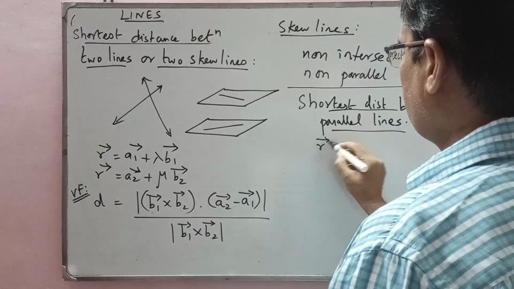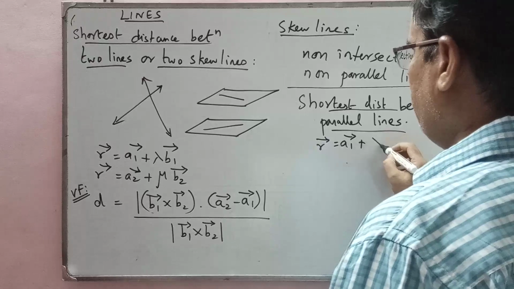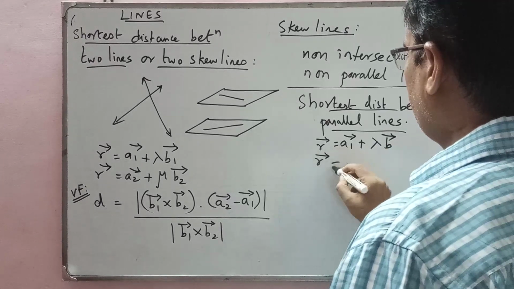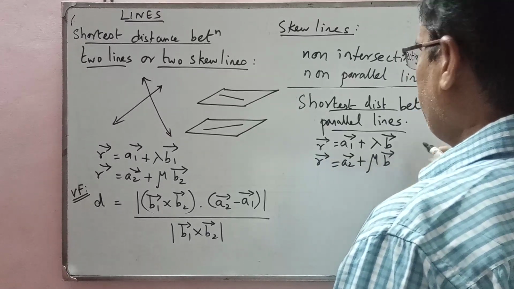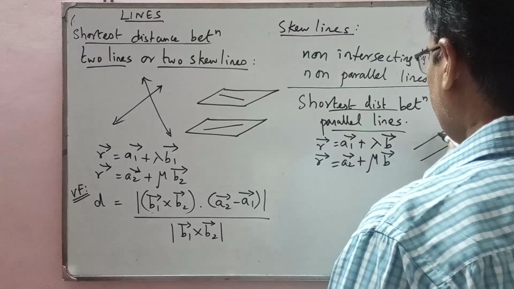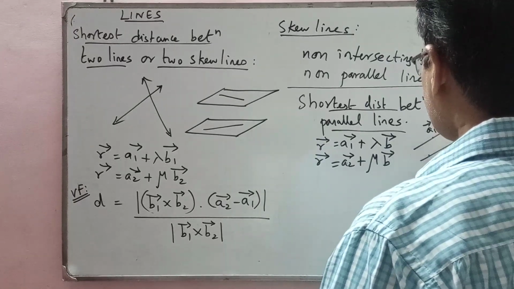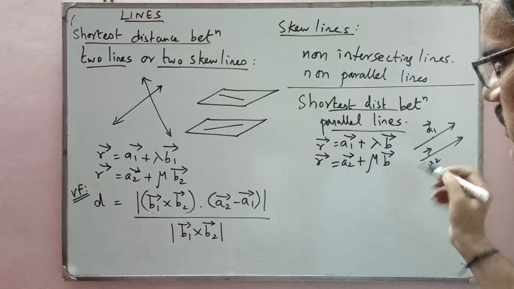So when you write an equation, r vector equal to a1 vector plus lambda b vector. Next one is r vector equal to a2 vector plus mu into b vector, because they will be the same direction, correct? So direction will be same.